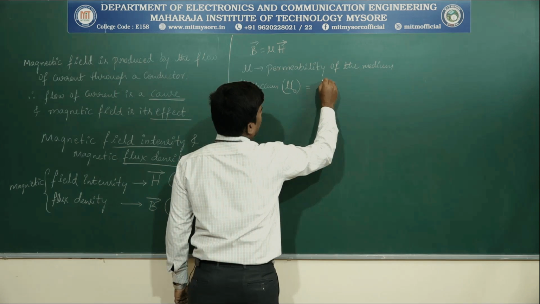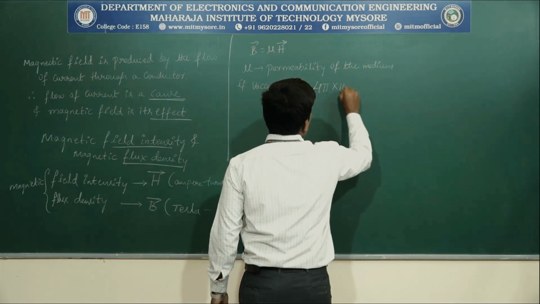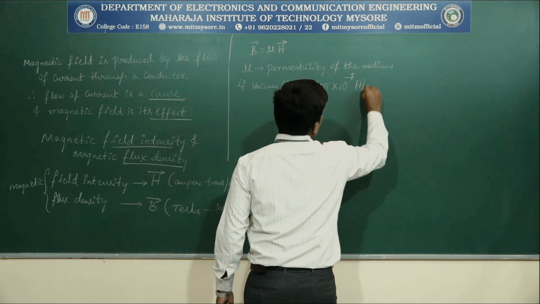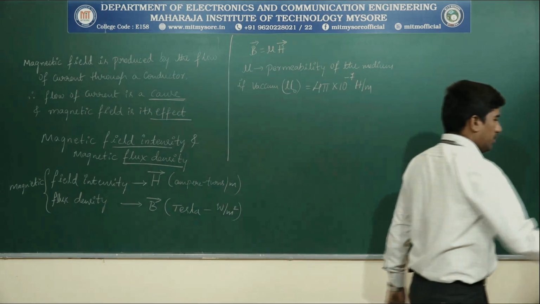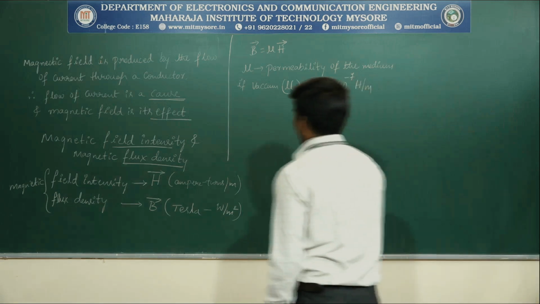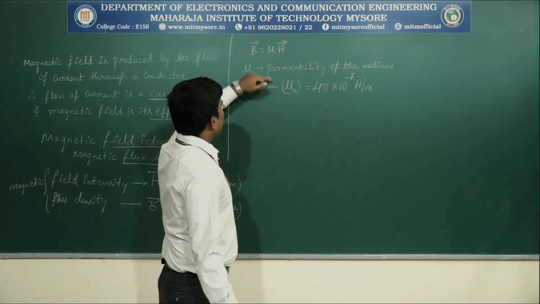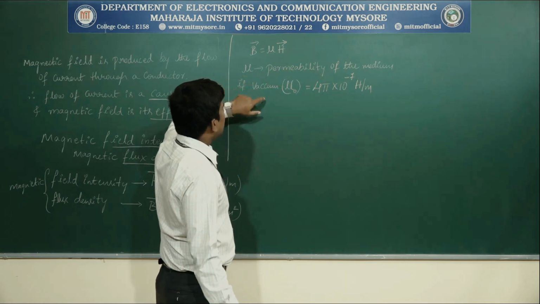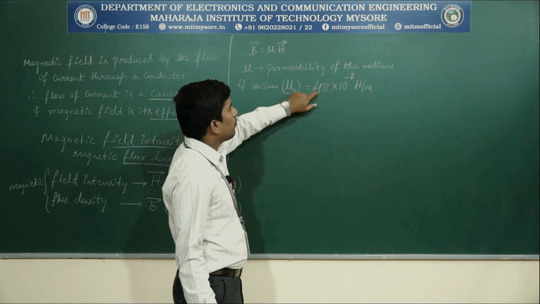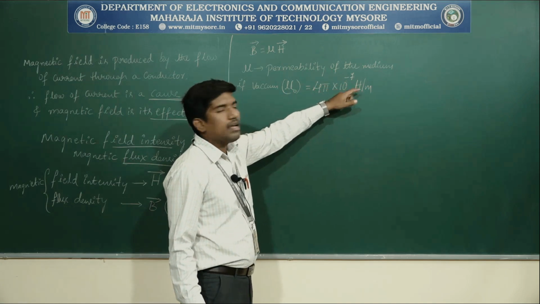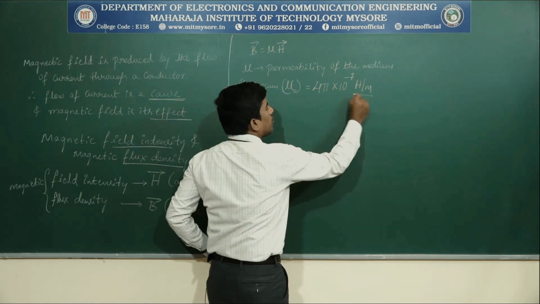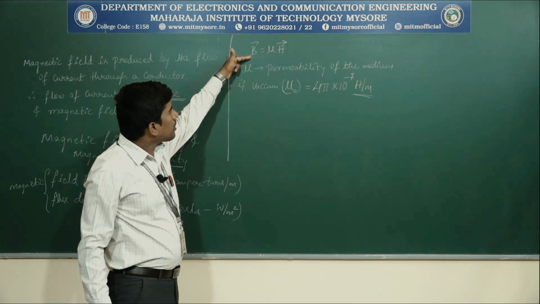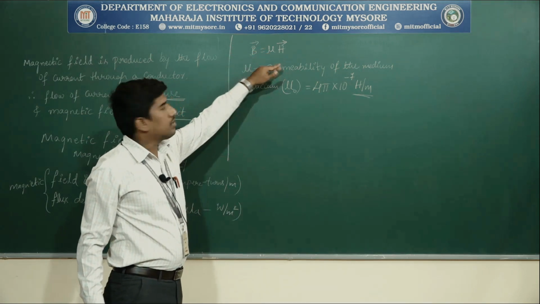Mu naught is equal to 4 pi into 10 power minus 7 Henry per meter. This is the unit of this permeability. This is the relationship between magnetic flux density and magnetic field intensity.